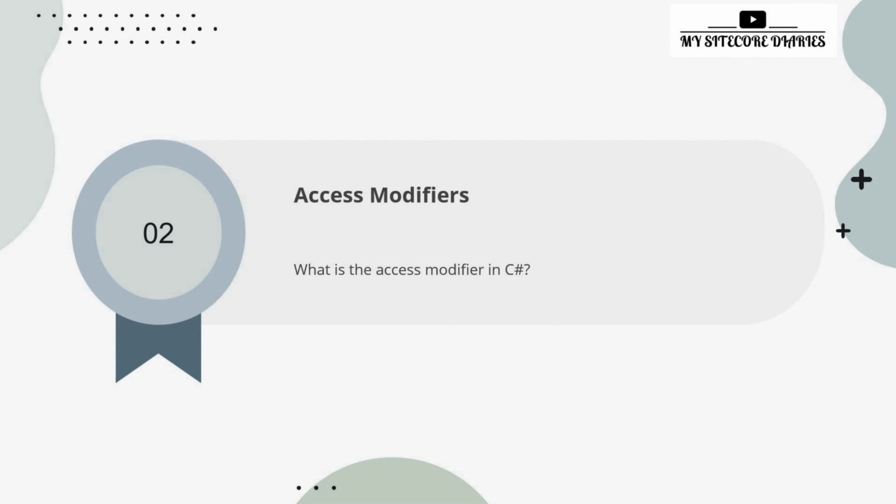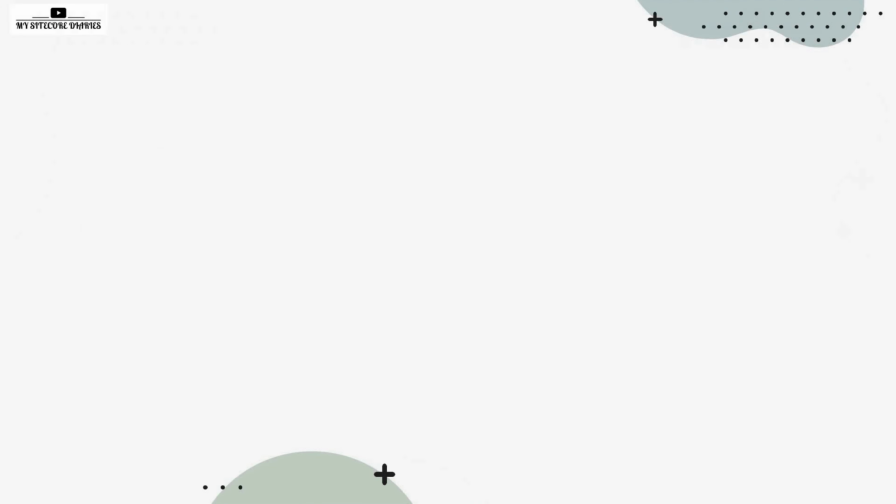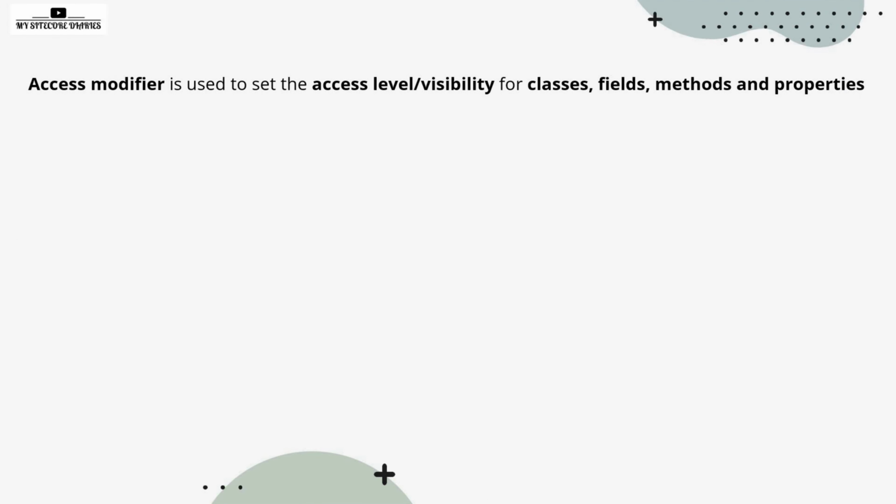So now we will see access modifiers. We will try to find out the answer to the question, what is an access modifier in C#? An access modifier is used to set the access level or visibility for classes, fields, methods and properties.